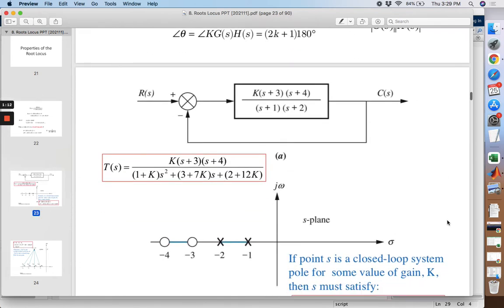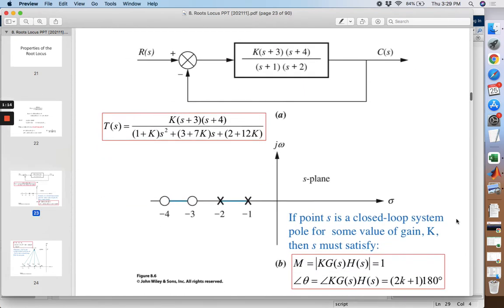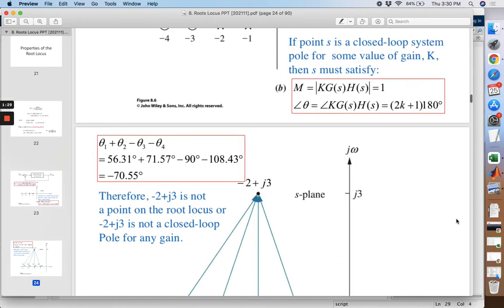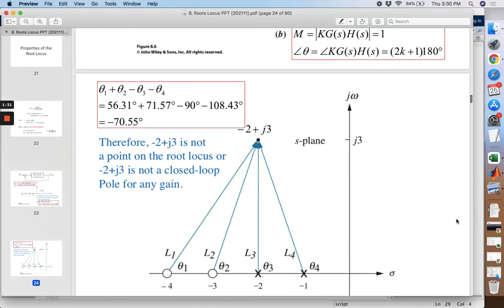Okay, let's say we have this problem here. We have a plant with a unity feedback system, and we have K(s plus 3)(s plus 4) over (s plus 1)(s plus 2). Let's say we have s at negative 2 plus j3.